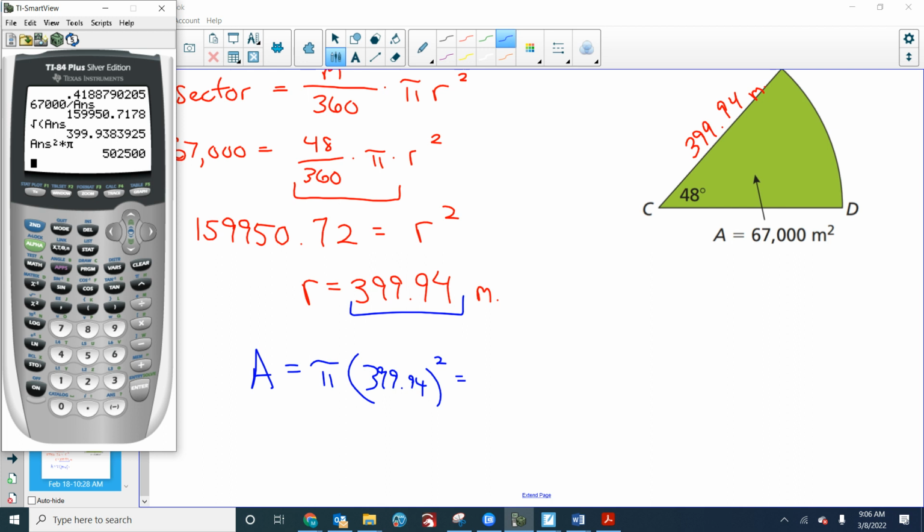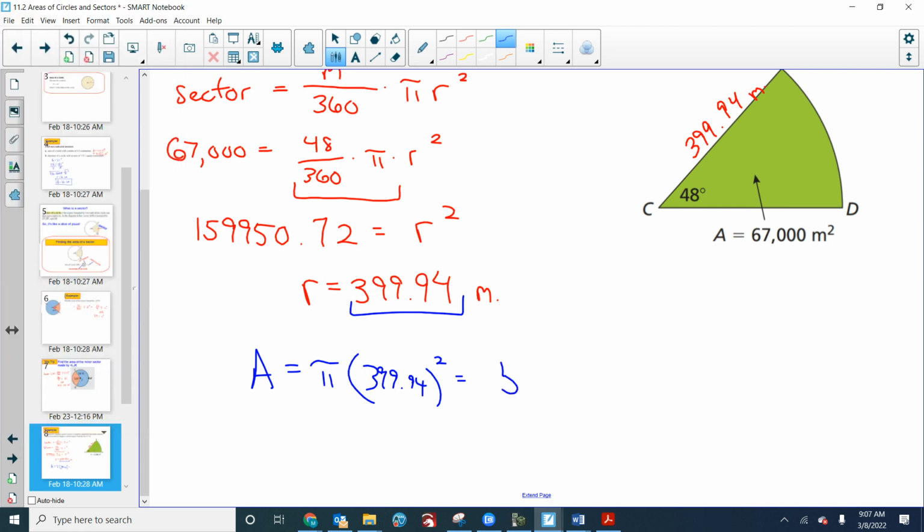And look at that. A beautiful, perfect whole number. Did you expect that? Because we never rounded the whole time. In my calculator, I never rounded that whole time. 502,500 meters squared.